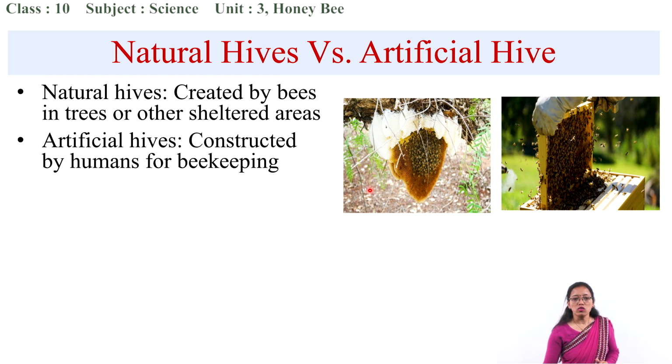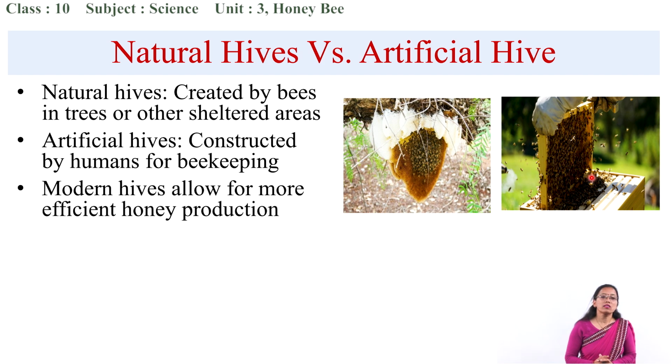See, this is a natural hive constructed by honeybees on the branch of a tree. This is a hive made by human beings for cultivation of honeybees for the commercial production of honey, wax, etc.